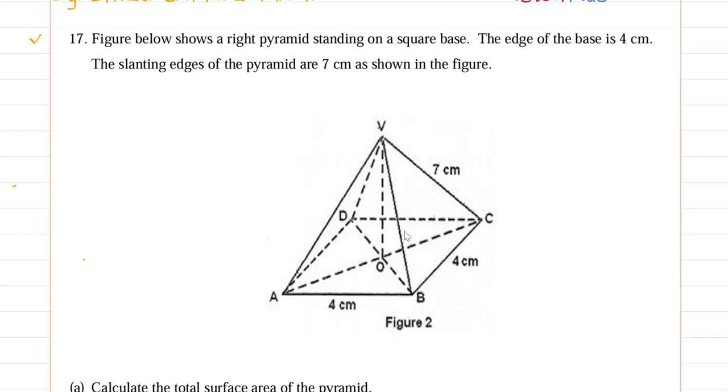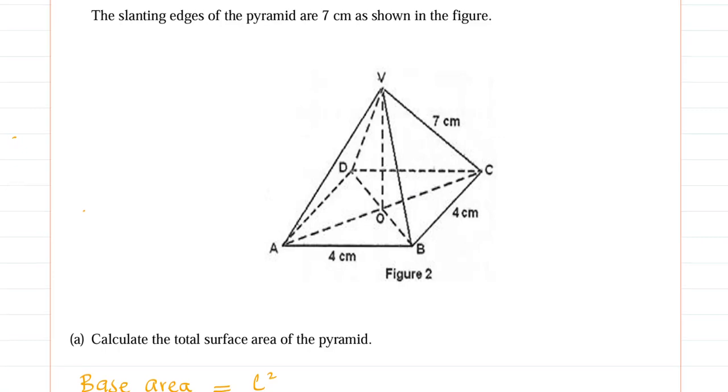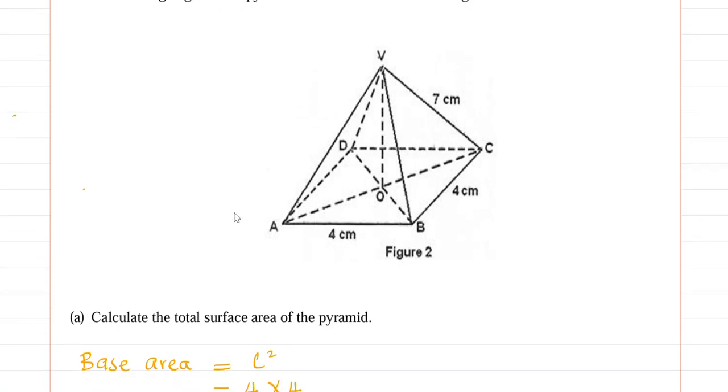Now, if we look here, we have slanting surfaces, and ideally, since the base is a square, the slanting surfaces are identical. Let me say that again. Since the base is square, the slanting surfaces are identical.